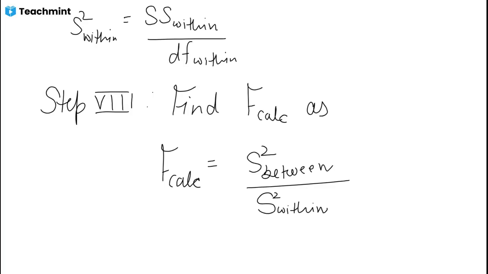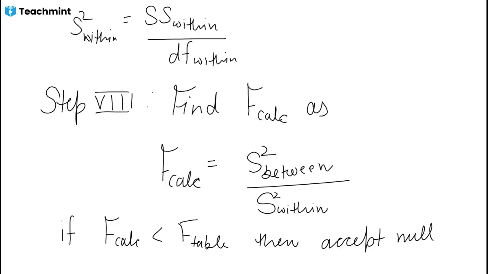And we can conclude that if F calculated is less than F tabulated, then accept the null hypothesis, and mu1 is equal to mu2 is equal to mu3.